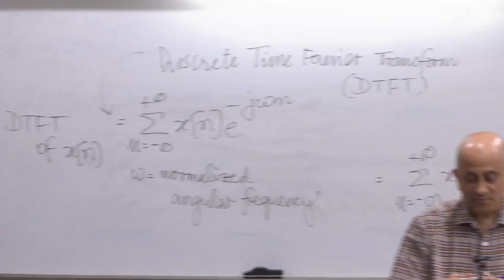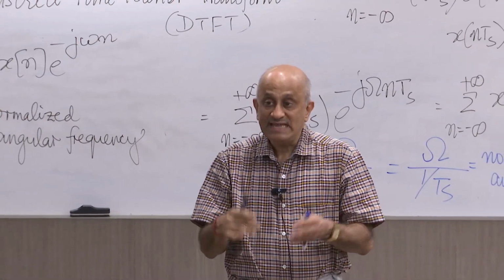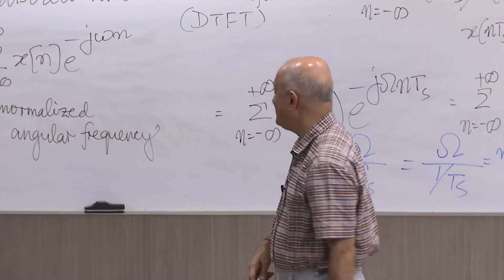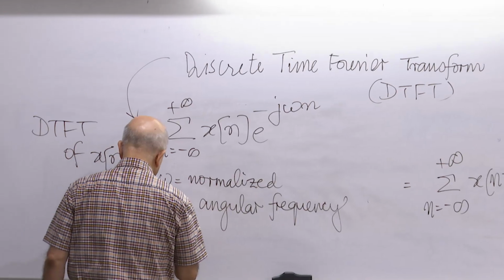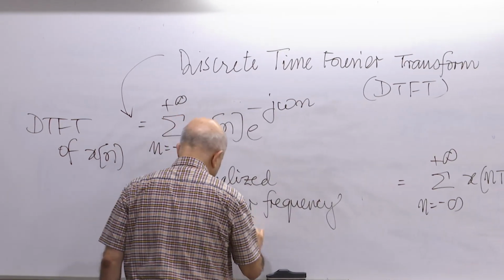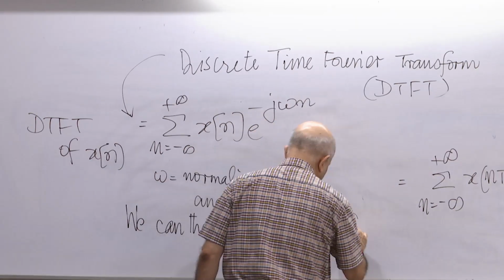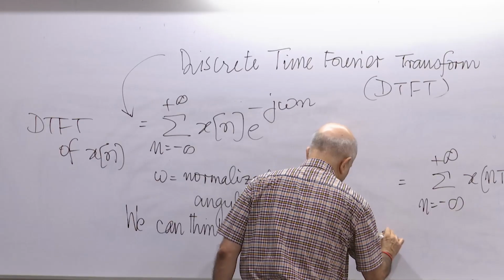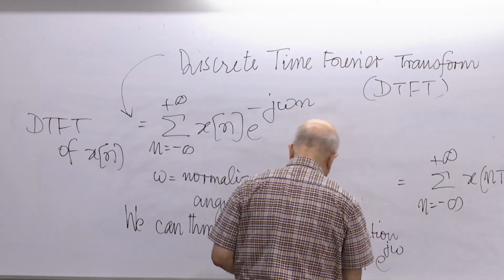And it's a function of small omega. Equivalently, it can be thought of as a function of e raised to the power j omega, right? And the reason is very simple.